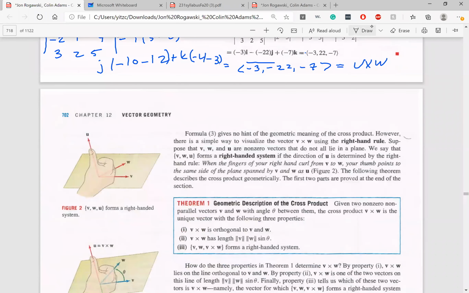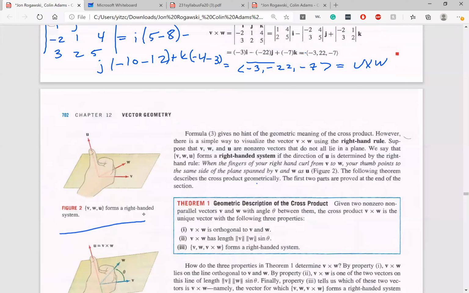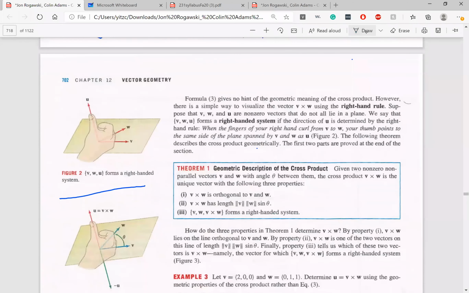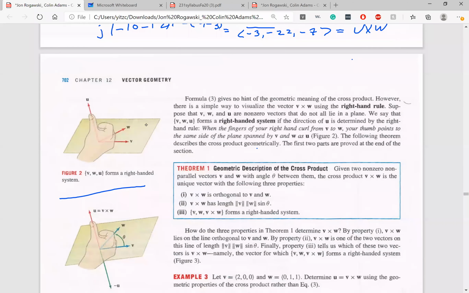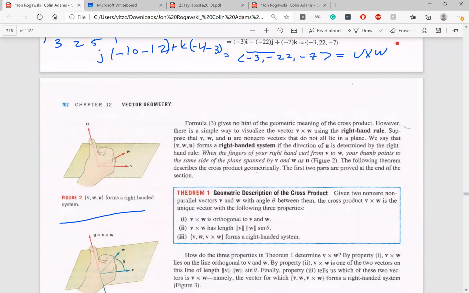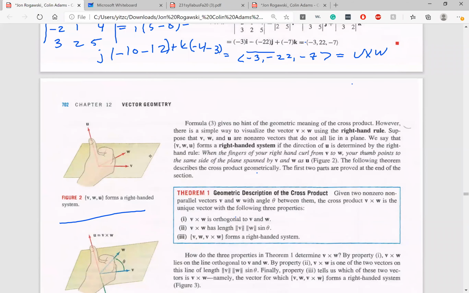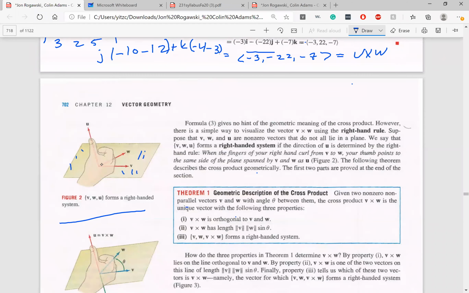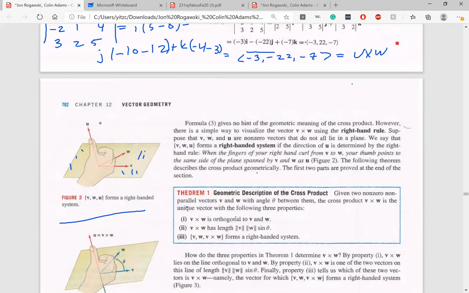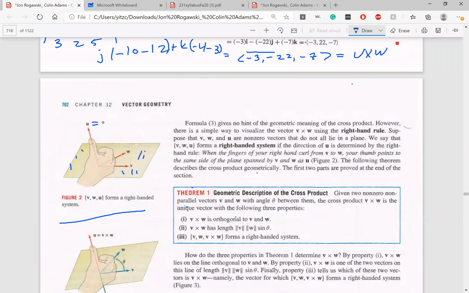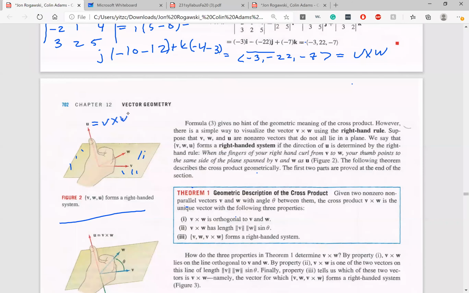So let's now look at the following figure. This figure will help you know, if you have a vector V and W, we can think about the plane that V and W lie in. Here's the vector U, where U is equal to V cross W, and we want to know if U is going in the upwards direction or the downwards direction.